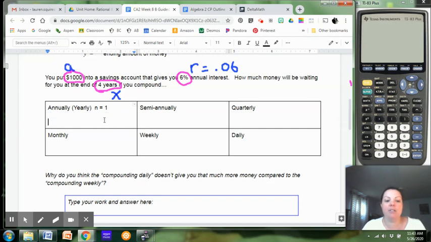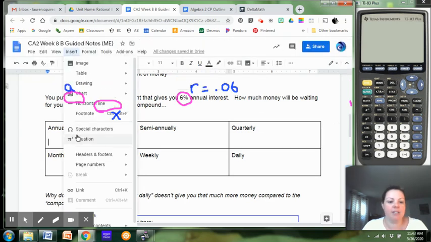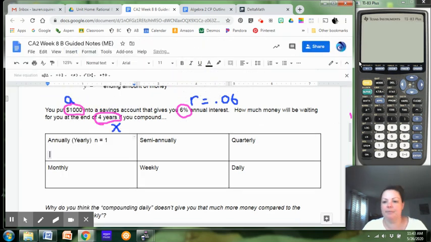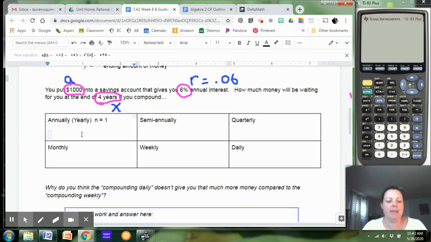So in here, I'm going to insert what this function looks like. I'm going to insert an equation, and hide that again. In my equation, I'm going to say y is equal to 1,000 times 1 plus a fraction.